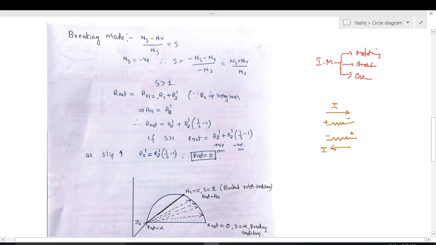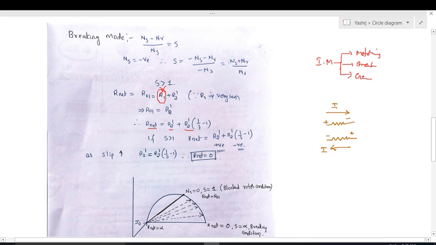Next, net resistance R01 is equal to R1 plus R2 dash. I already discussed R01 is approximately equal to R2 dash. Now the net resistance is R2 dash plus this one, because I neglected R1, since stator resistance is very small.